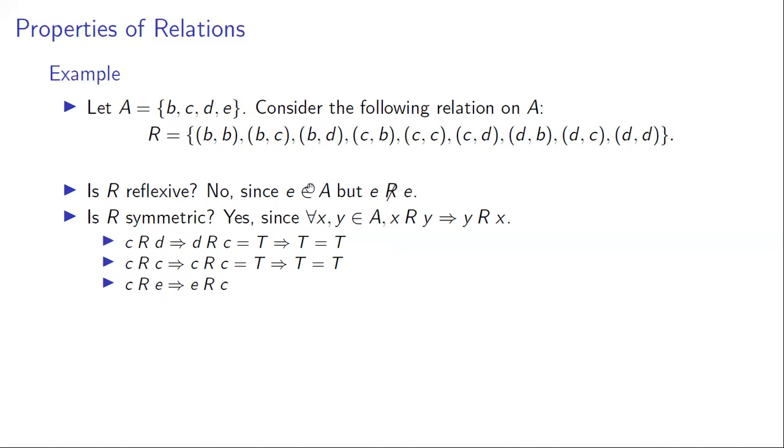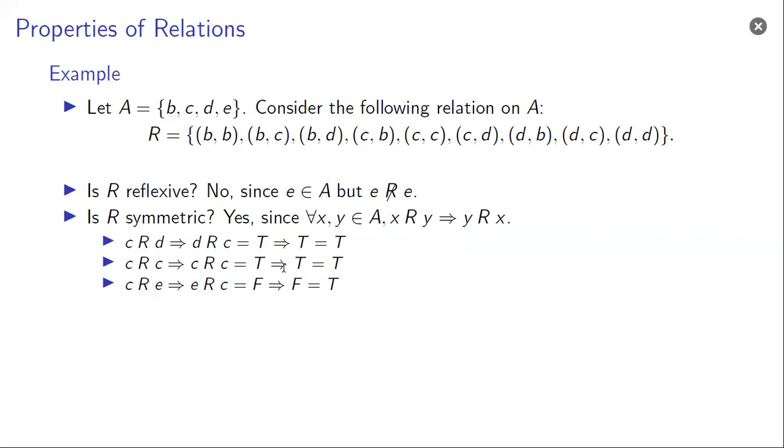Actually, it's not true because there is no pair C comma E. Now, is this true? No, because there is no pair E comma C. So this conditional becomes, if false, then false. But what is the value of a statement of the form, if false, then false? Remember from our discussion of logic, this is actually true. It's a true statement.